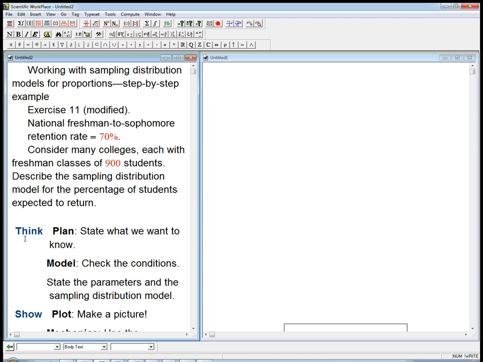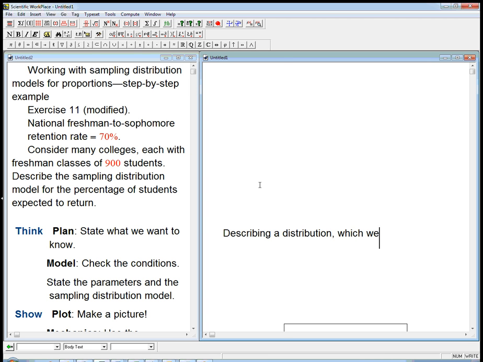So let's do the think stage. Plan. What do we want to know? All it says is describe, and in fact, in the textbook version of the problem, it suggests using the 68, 95, 99.7 rule. So we're going to be describing a distribution, and we expect it to be approximately normal.